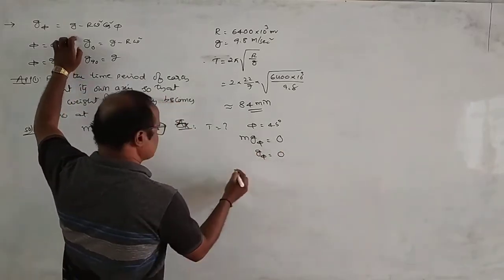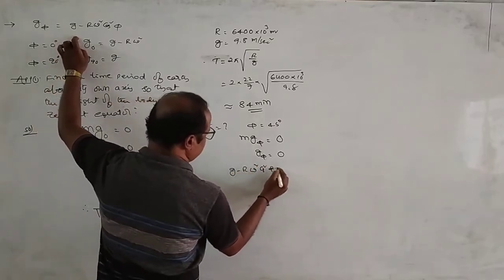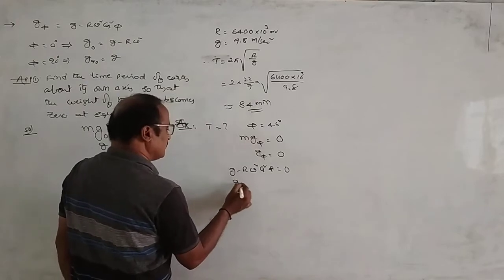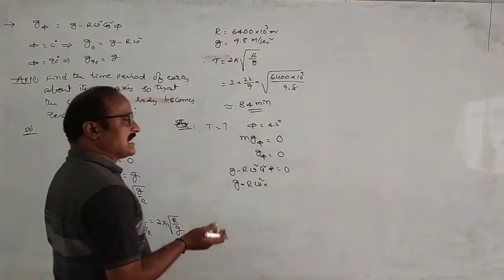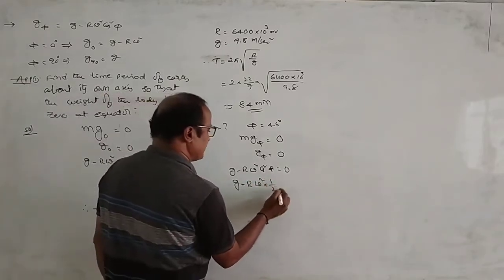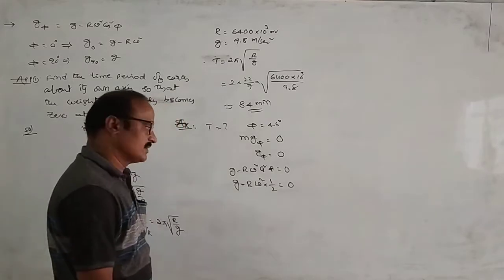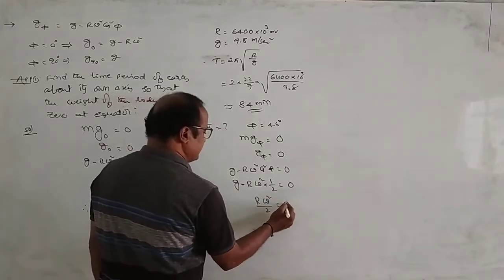G minus r omega square into cos square phi is equal to 0, with phi equal to 45. Cos 45 is equal to 1 by root 2, so cos square 45 means 1 by 2. From this equation, r omega square by 2 is equal to g.